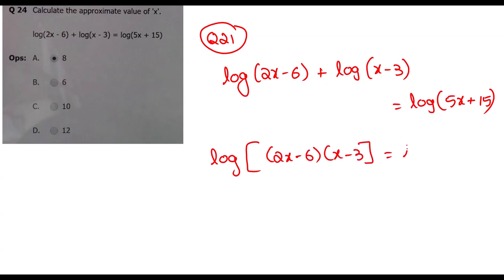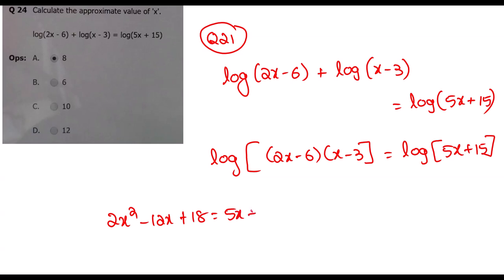As both sides have logarithms, we can remove them by comparing the internal terms. If you multiply, it's 2x square minus 6x minus 6x minus 12x plus 18, which equals 5x plus 15. Now this is 2x square minus 17x plus 3 equal to 0.